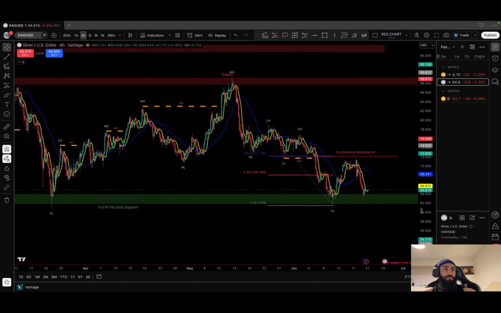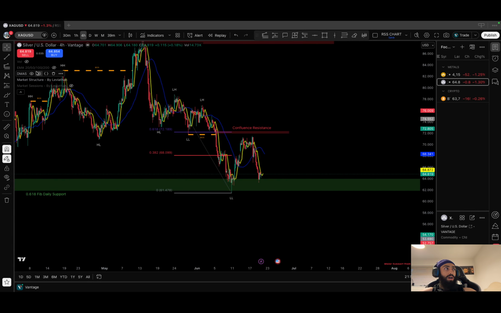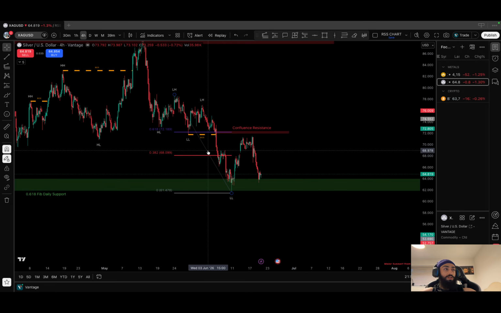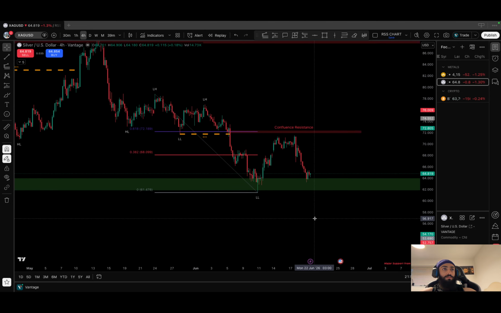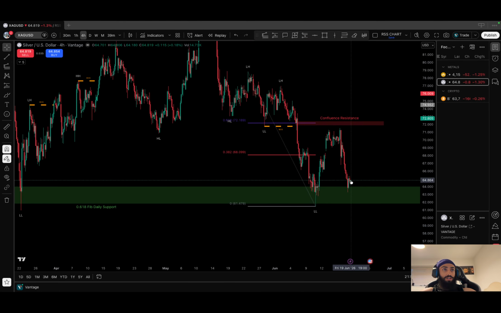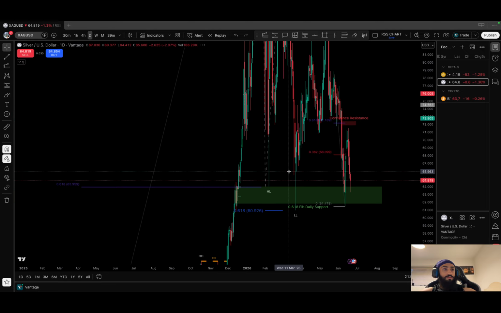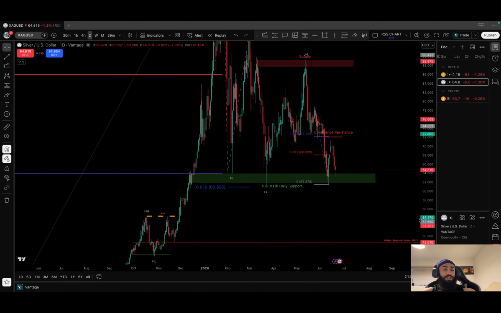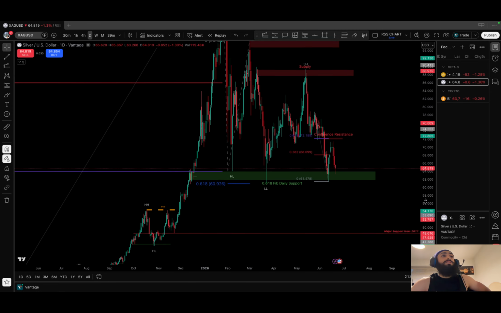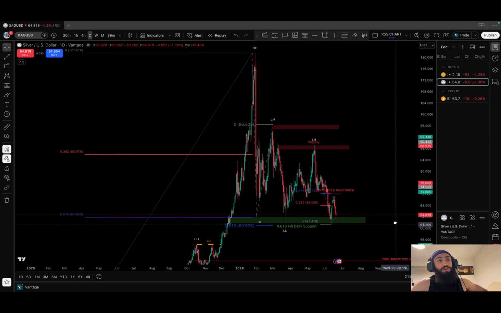Now with price already pushing down to the local demand zone and daily support, I would expect it to potentially push lower, and that move would be about 5% down.